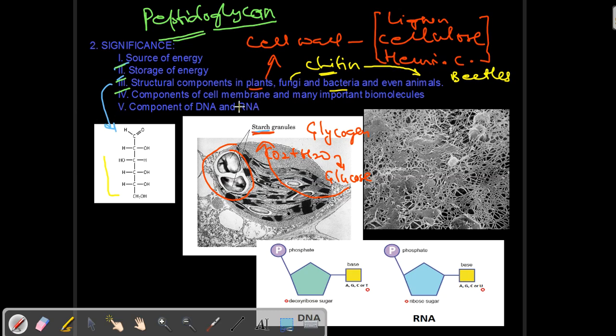One more important function of carbohydrate is that they are components of the cell membrane and also many other important biomolecules. Now in the cell membrane we find carbohydrates in the form of glycoproteins and also in the form of glycolipids.